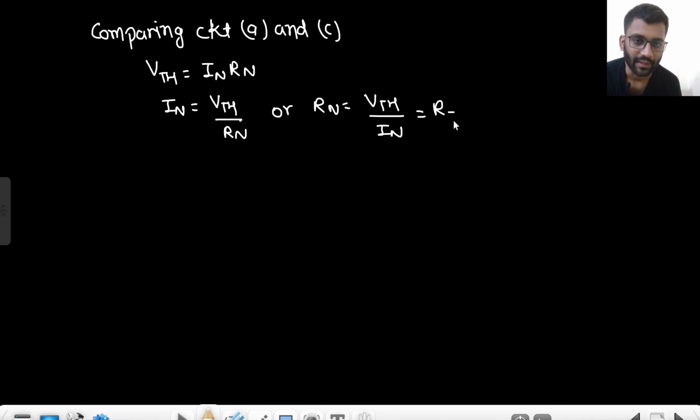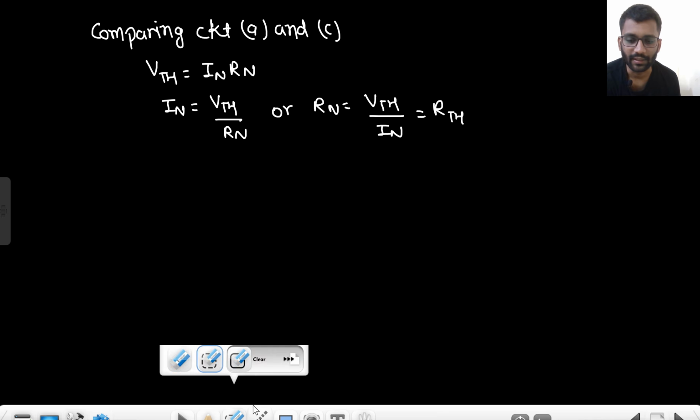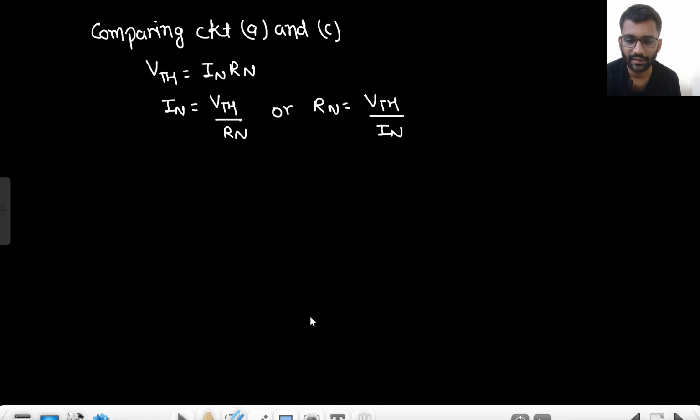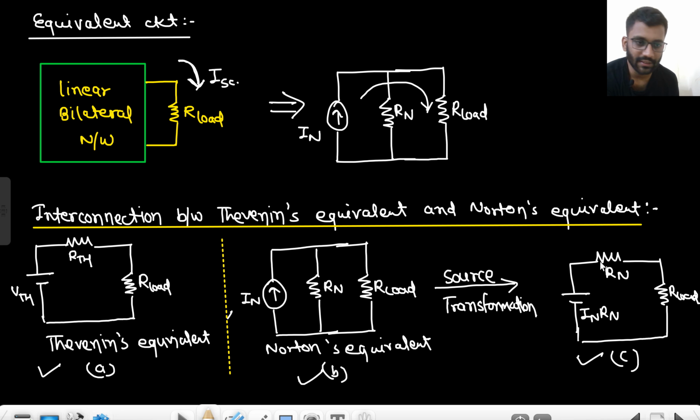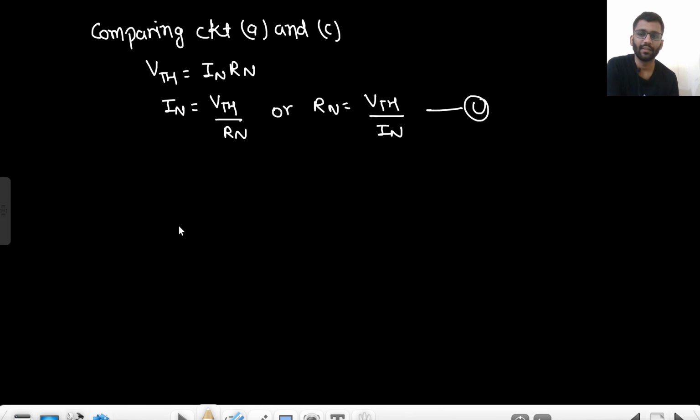That is equal to RTH only, which we will see in the next thing. So this is equation 1. Now you can also see that this RTH is equal to RN. We are just comparing these two circuits. VTH is equal to IN into RN and RTH is equal to RN. So the second equation that we got is RTH is equal to RN.